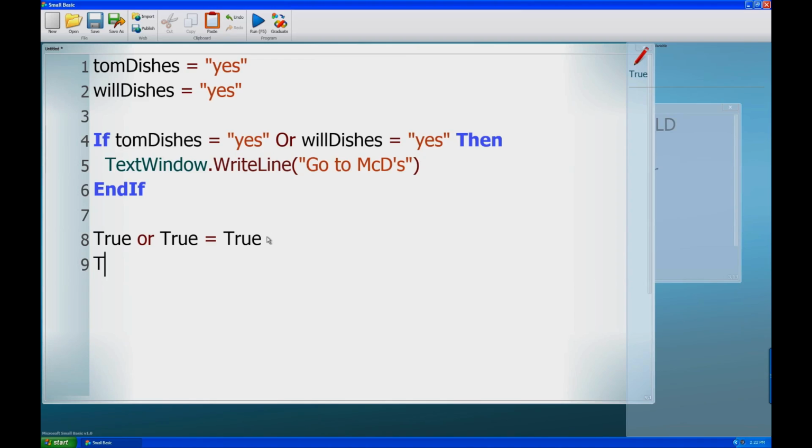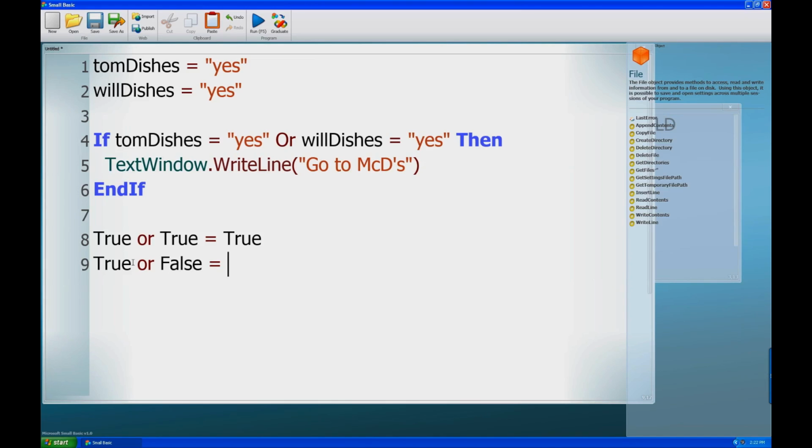True or false equals, well, again this would be saying if Tom says yes or Will says yes. Now if one is yes and one is no, well yeah, the condition still runs because either that or that need to be true.